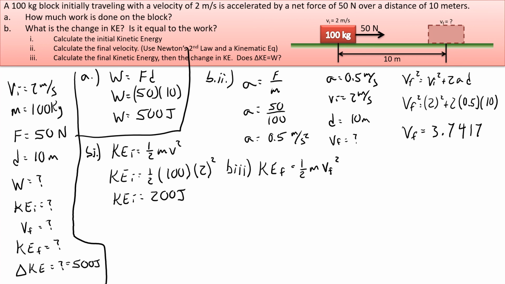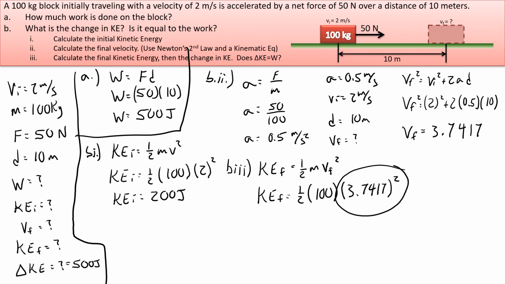Then you substitute in and try to use this long decimal in your calculator if you can. Actually, since we're squaring it and this was the square root of 14, this just turns into 14. So it's 14 times 100 times 1/2. The final kinetic energy is equal to 700 joules.